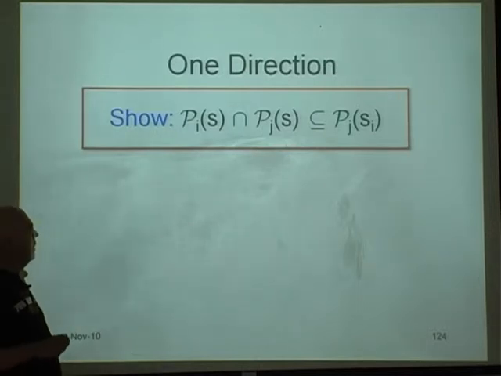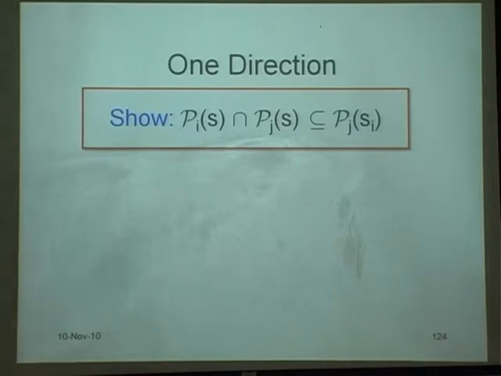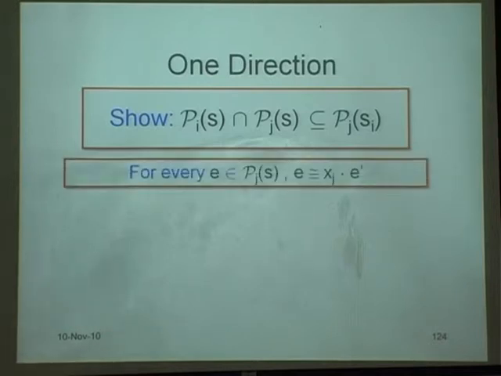So we'll show the inclusion in one direction first. Yeah, we need to do both directions. Neither one is particularly hard, but I'm going to do both directions just for completeness. After you've seen this kind of argument a couple of times, it'll be pretty easy.